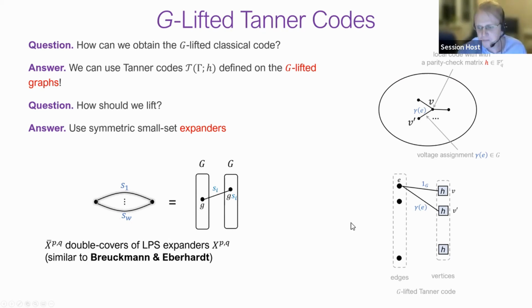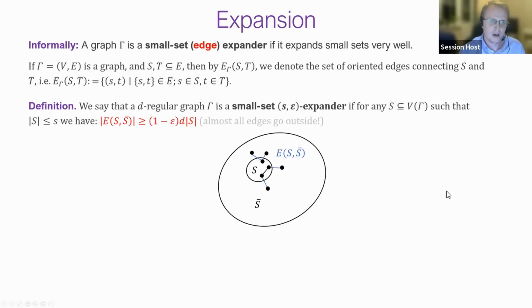You can also see how this can be described as a Tanner graph. Here we have edges that correspond to bits, we have two layers, and here we have parity check matrices.